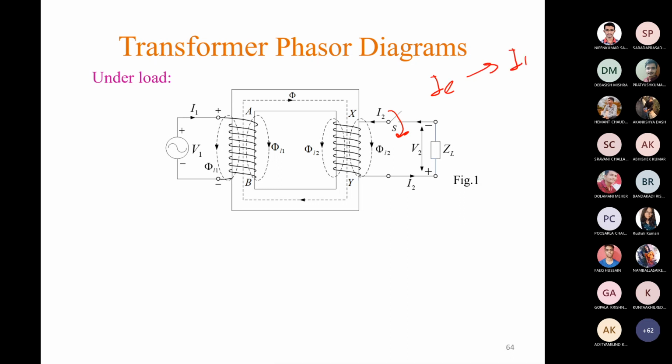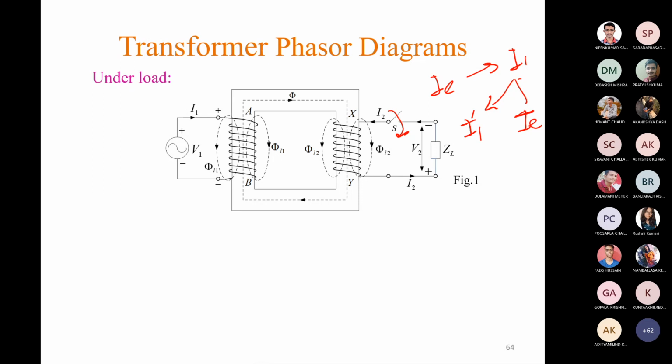So now this I1 has two components. One is I1 dash, the load component of the primary current. Another is IE, which remains fixed. Depending on the value of I2, this I1 dash will change, so as a result the total I1 will change.